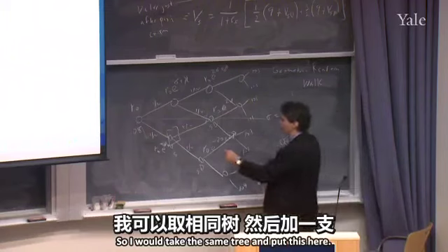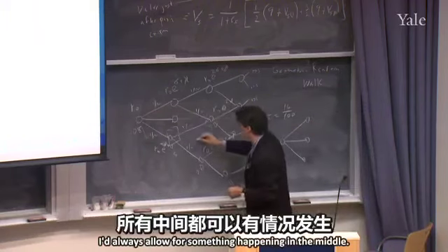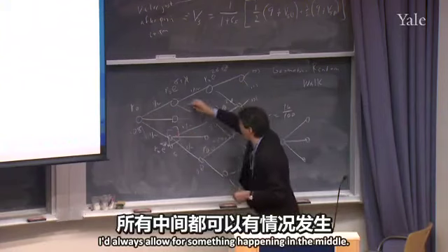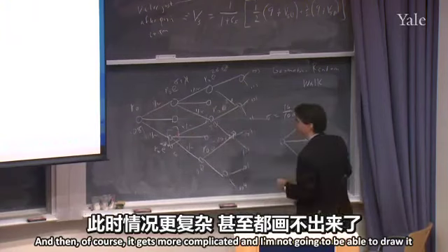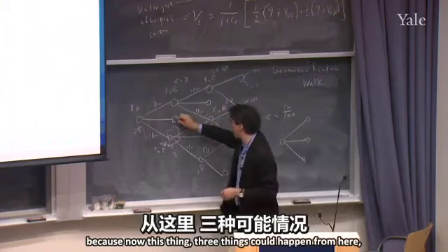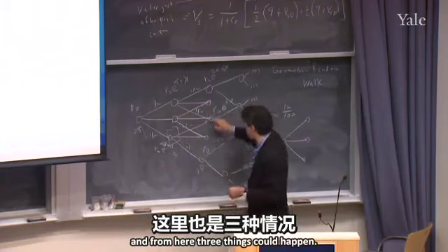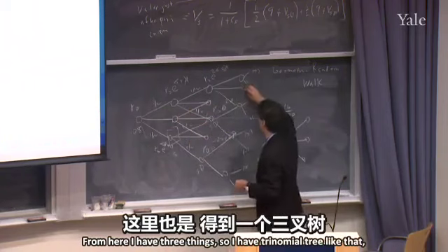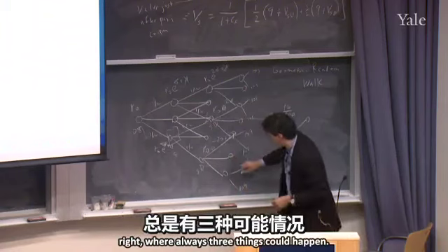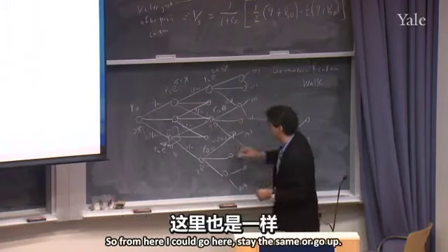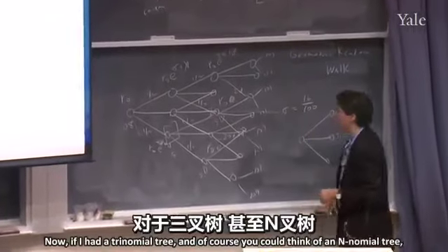So I would take the same tree and I'd always allow for something happening in the middle. Then of course it gets more complicated, because now 3 things could happen from here, and from here 3 things could happen. I have a trinomial tree like that, where always 3 things could happen. So from here I could go down, stay the same, or go up.